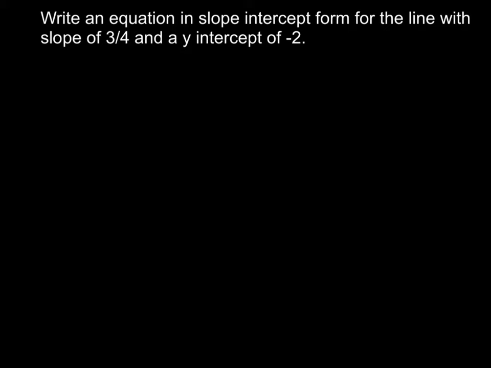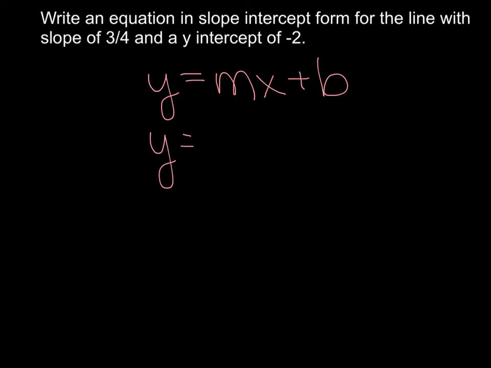This here says, write an equation in slope-intercept form for the line with a slope of 3/4 and a y-intercept of -2. So if we do that, we write out what our equation is, mx plus b. We know that m is the slope, so 3/4.